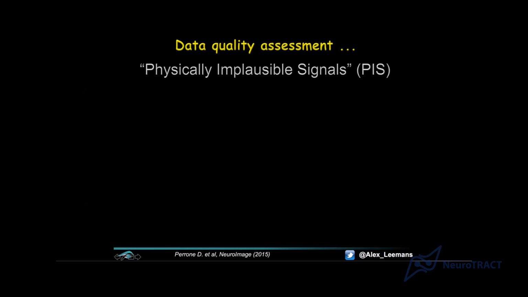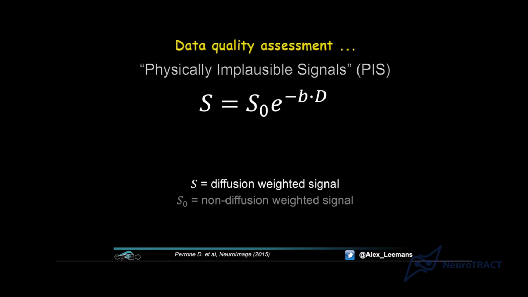Okay. I'll take you step by step through what I mean with PIS. Remember our diffusion equation: our diffusion weighted signal is an attenuated version of our non-diffusion weighted signal. Happy to see the positive reactions. So what do we know?